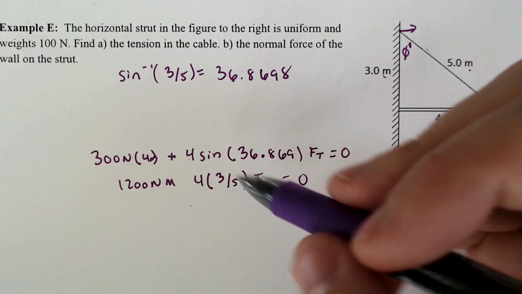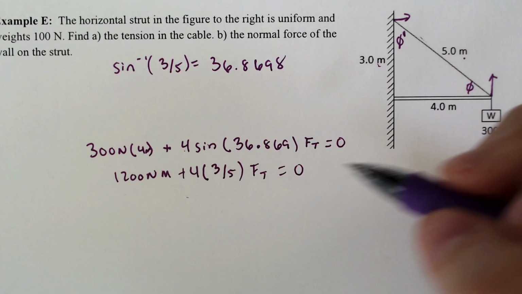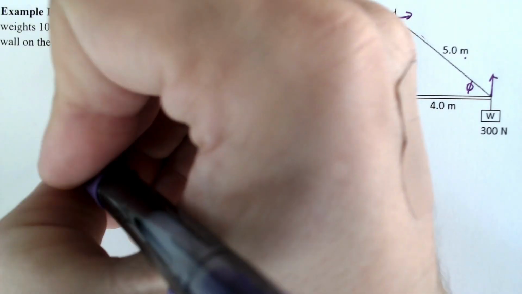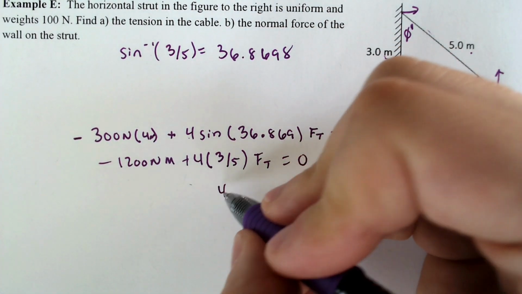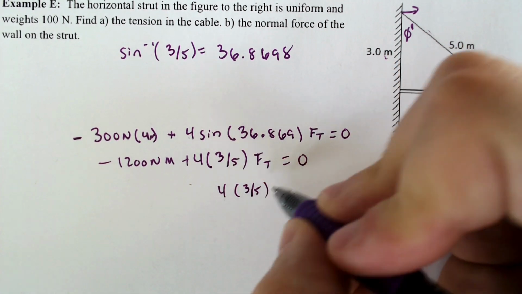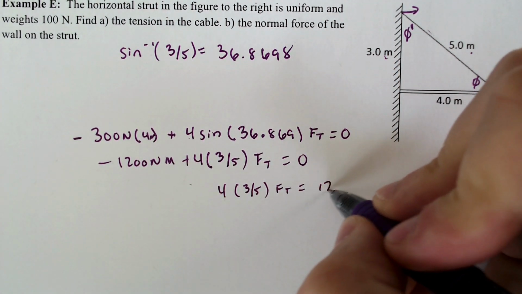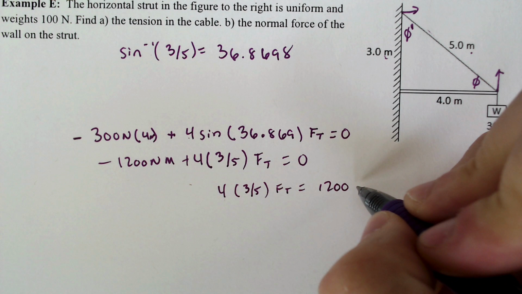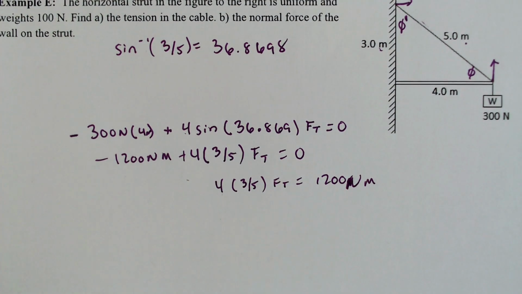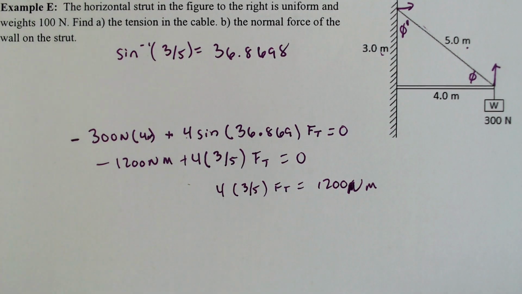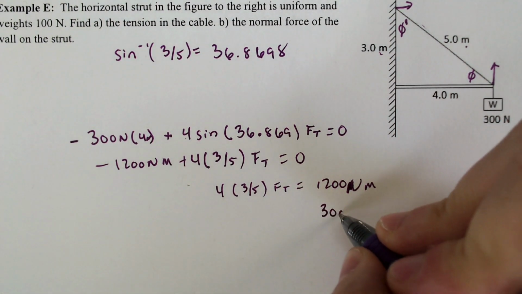We're going to do some manipulation. We're going to subtract the 1,200 over, which actually should be negative because it is going down. We end up with 4 times 3/5 times the force of tension equals 1,200 newton meters. And we would divide by 4. 1,200 divided by 4 is 300.